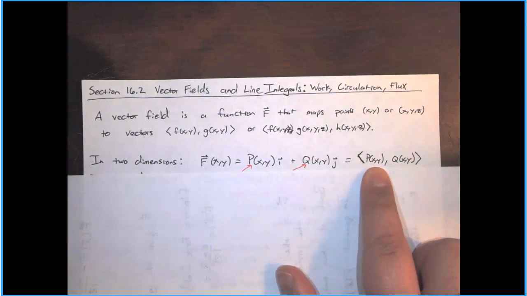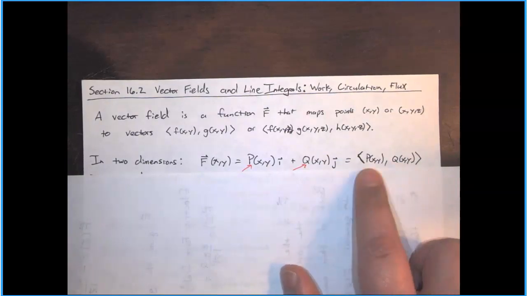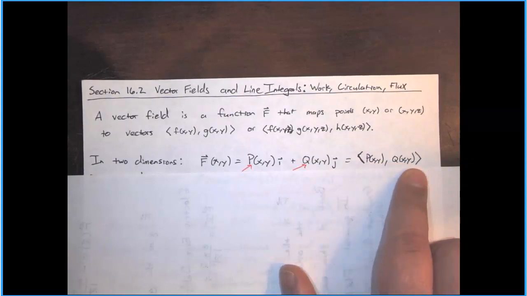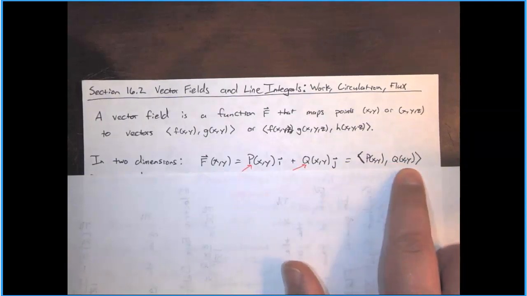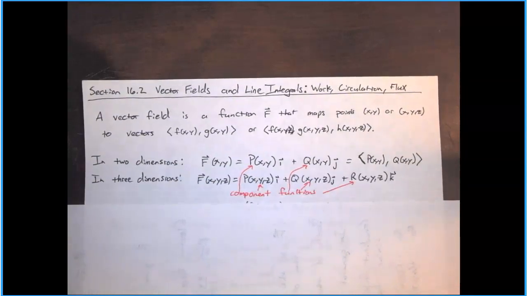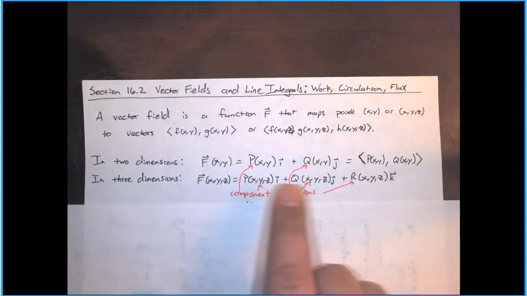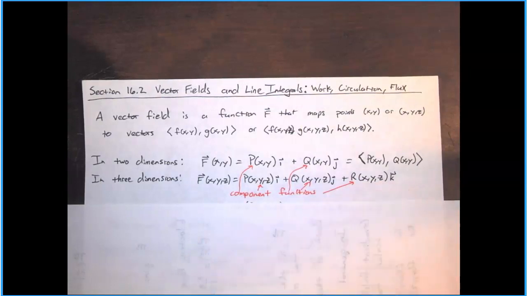So I have one component, two component. And both of these, this P and Q, these are multivariable scalar functions, so what we've dealt with in chapter 14. In 3 dimensions, my vector field is a function of 3 variables, x, y, and z, and the output is a 3-component function.